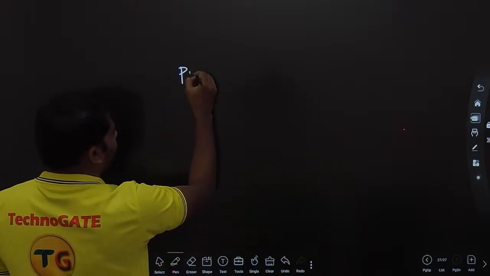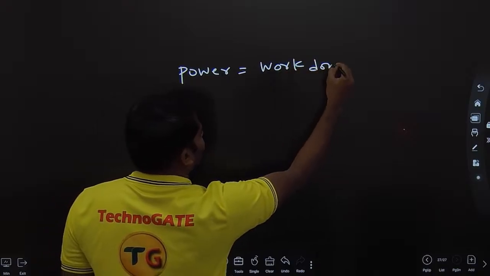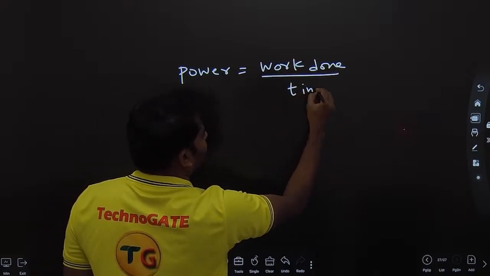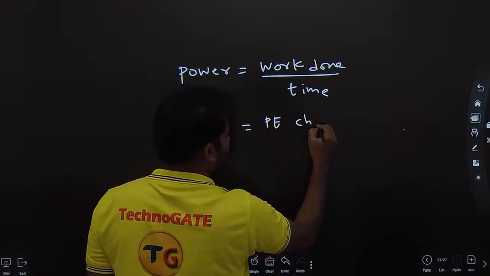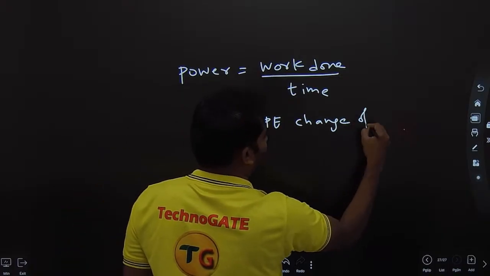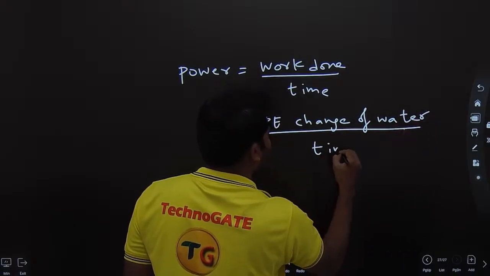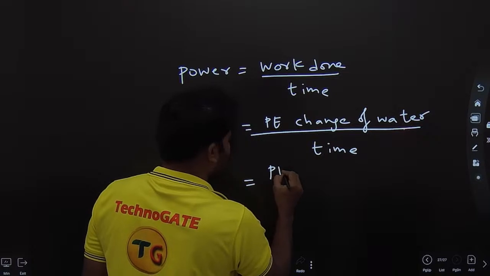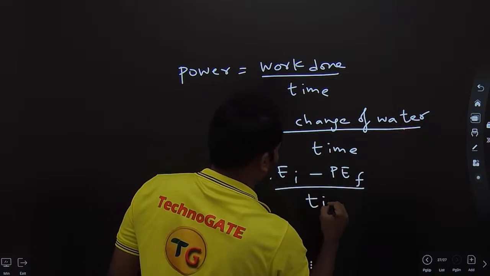So power is equal to work done by time. Work done is potential energy change of water. So you are dividing by time. Initial potential energy minus final potential energy by time.